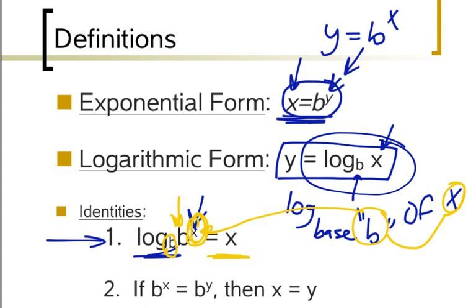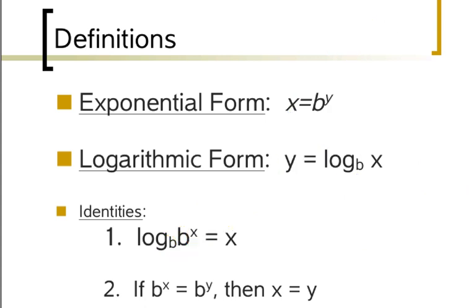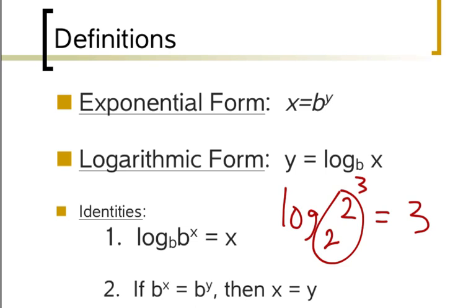So if I had something like log base 2 of 2 to the third power, the answer would be 3. So if these two numbers are the same, whatever the exponent is, it would be a 3. Now let's say it was log base 2 of 2, just like that. Well, the answer is 1, because there's actually an imaginary exponent of 1 right here, even if nothing is written there. So you got to watch out for those types of tricks.